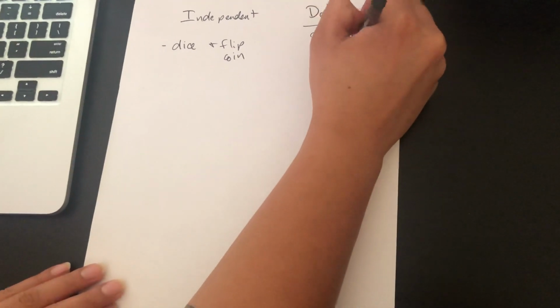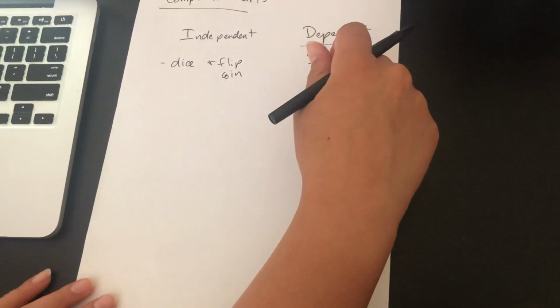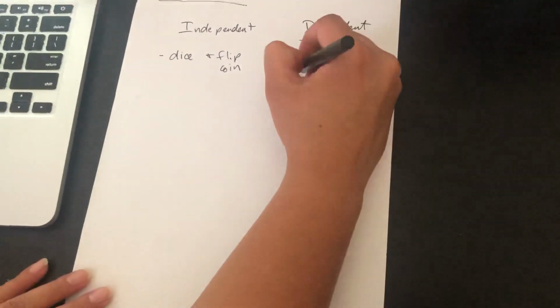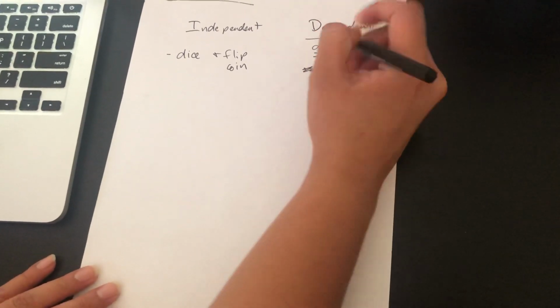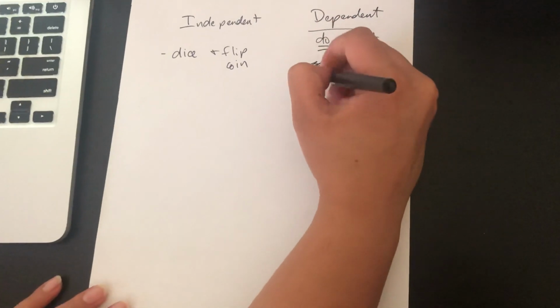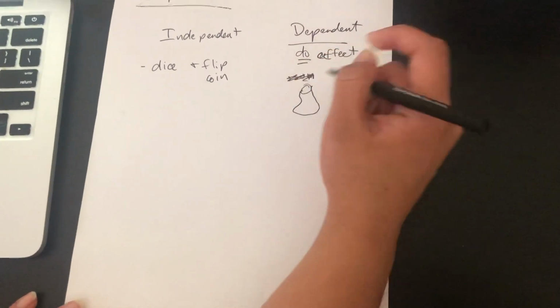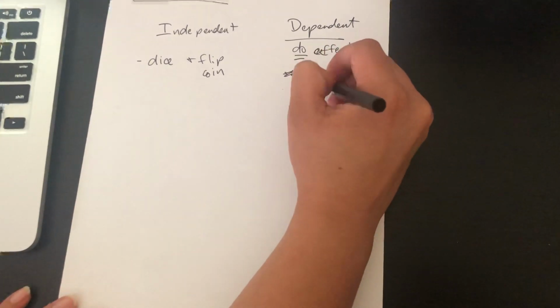I don't know if it's supposed to be effect or affect. I think affect. In this case, we're thinking of stuff like if there's marbles in a bag. That's my bag, these are all my marbles, and then I take one marble out.